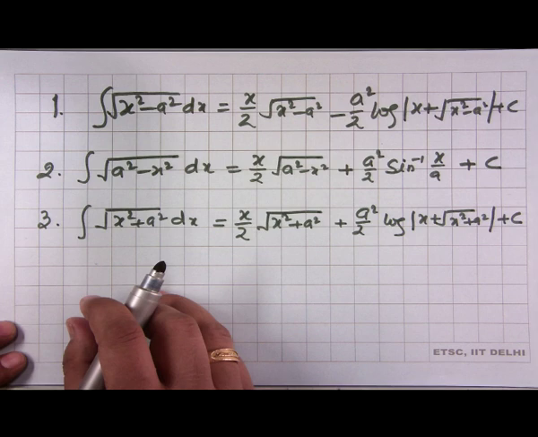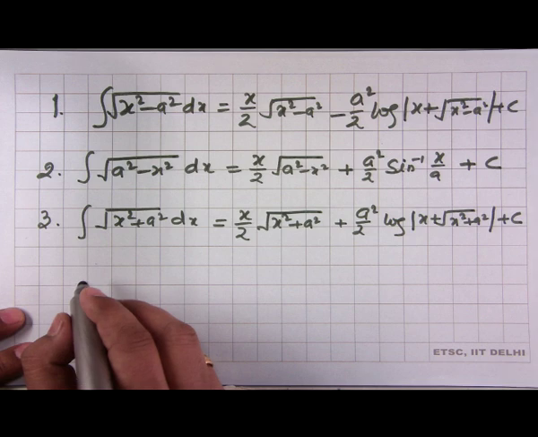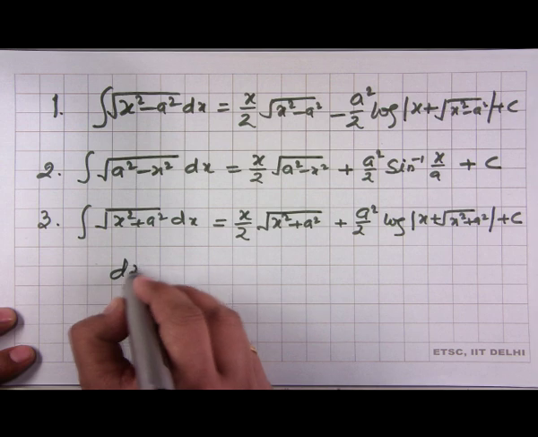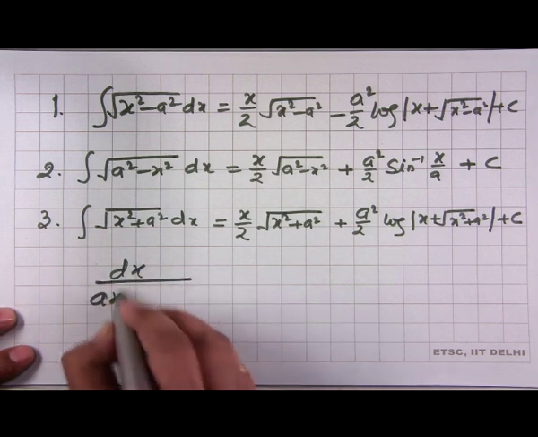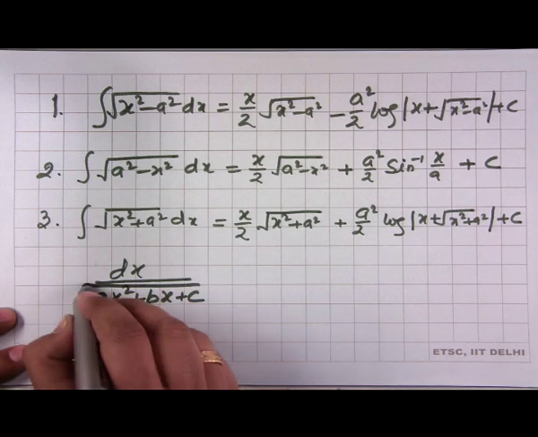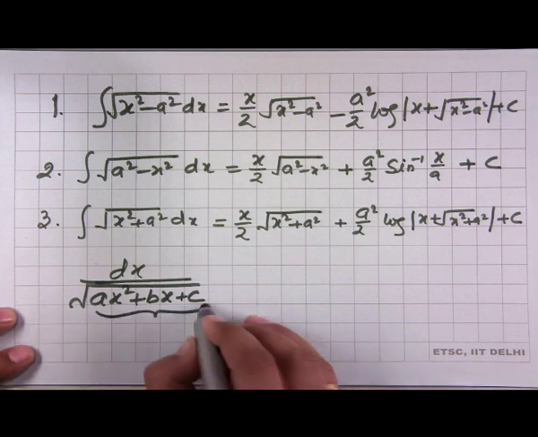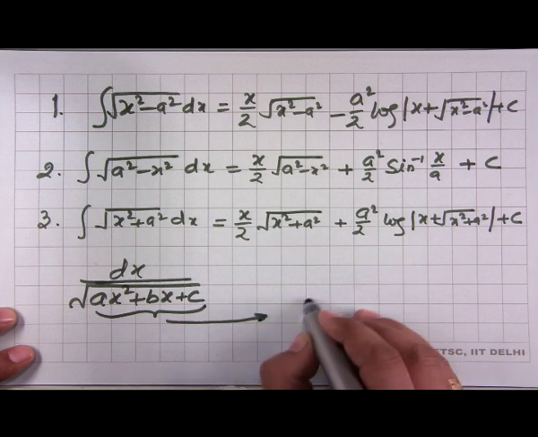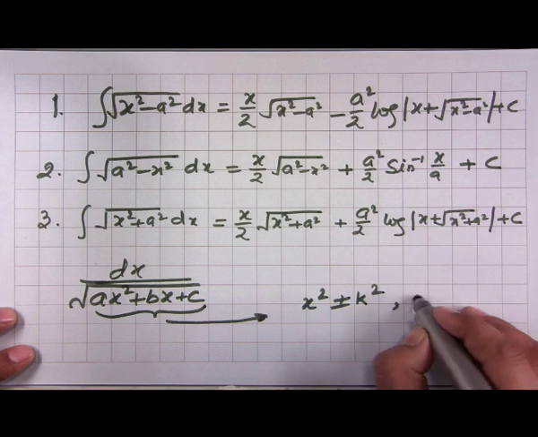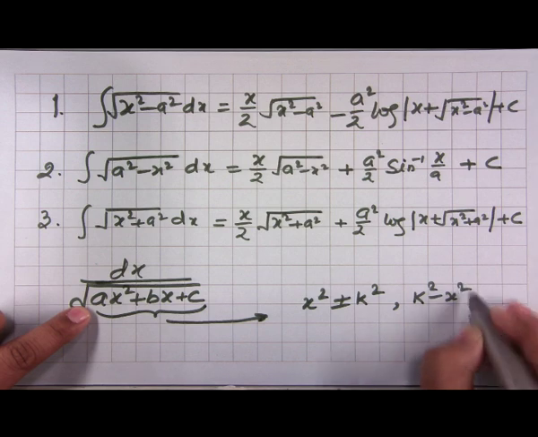We have already seen in case of the functions which were of the form dx upon square root of ax square plus bx plus c, that this can be converted into one of the forms either x square plus minus k square, or even if a is negative then k square minus x square kind of form.